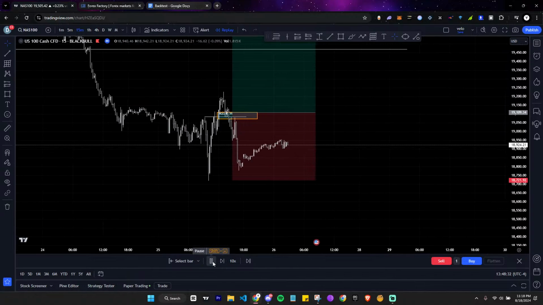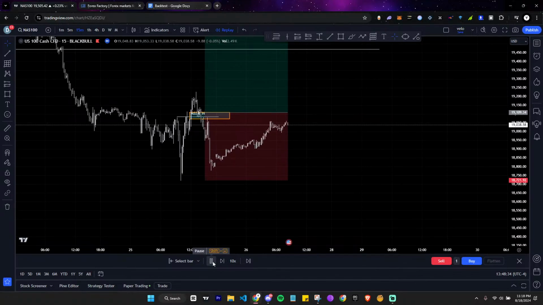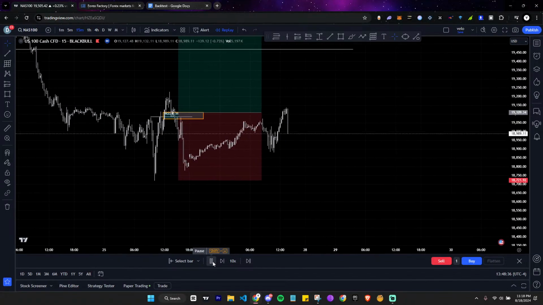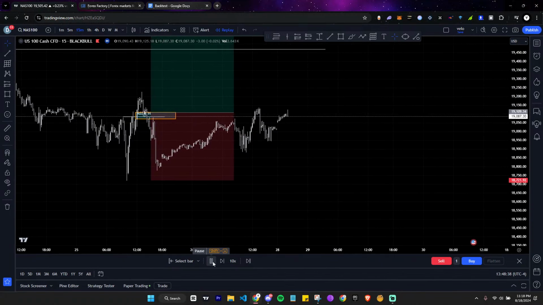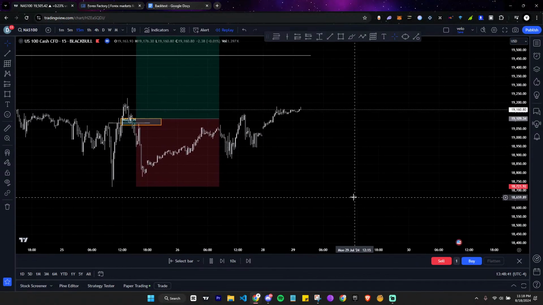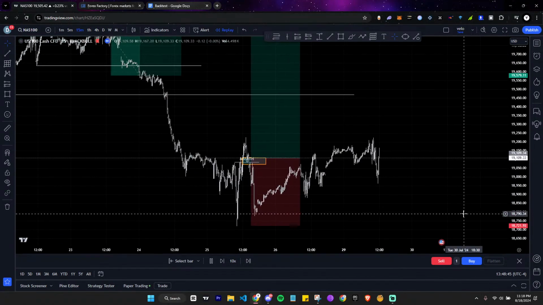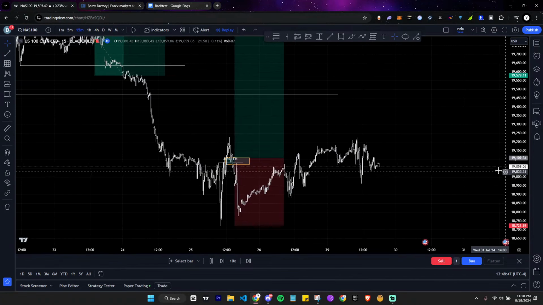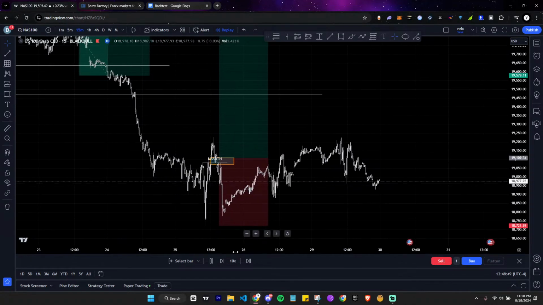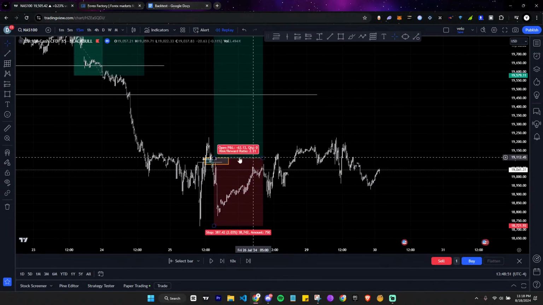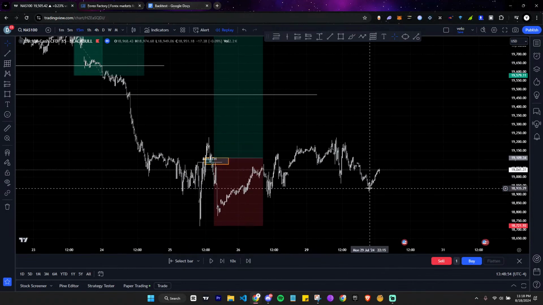Seems like it's a bad trade. I'd probably close at break even. The moment it pushes back to my entry level, I just close the trade.